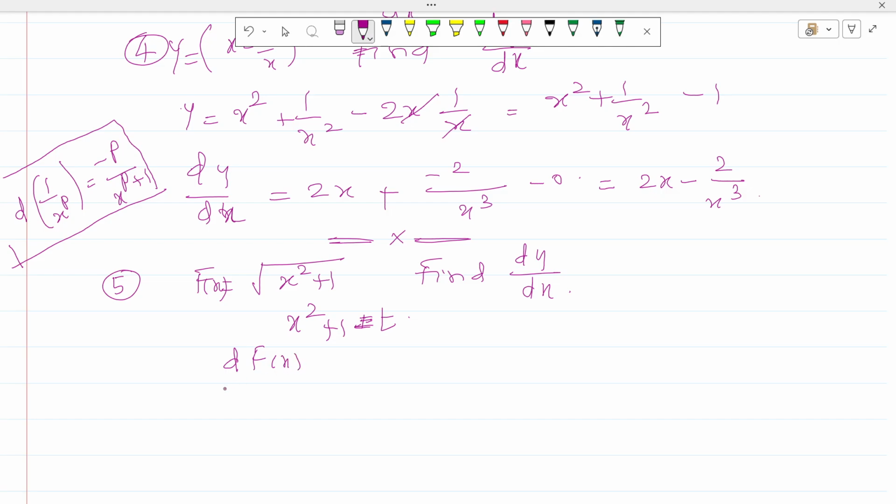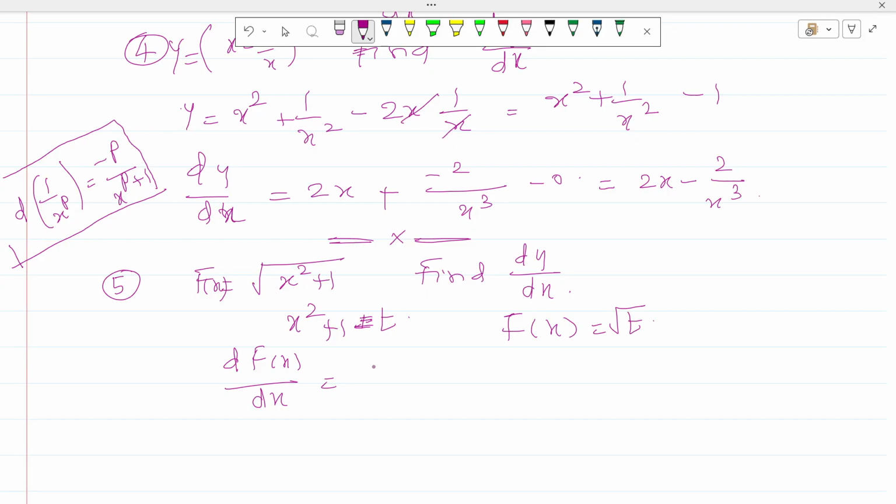It is a chain rule. f of x becomes square root of t.